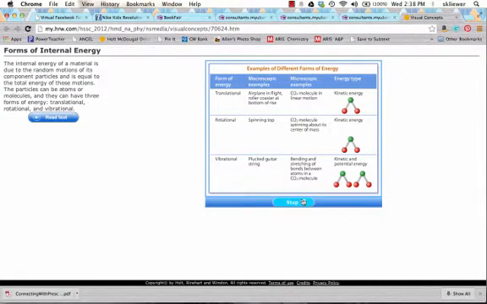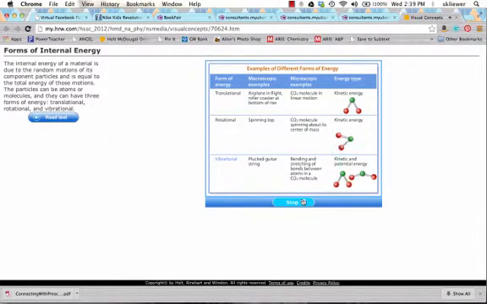The energy associated with particle motion in an object is known as internal energy, which is proportional to the object's temperature. There are 3 kinds of internal energy: translational, rotational, and vibrational. Translational energy is due to the motion of the particles in an object. Rotational energy is due to the spinning of the individual particles about an axis.